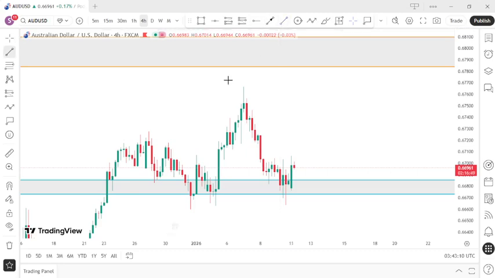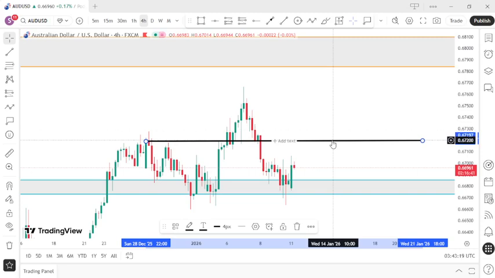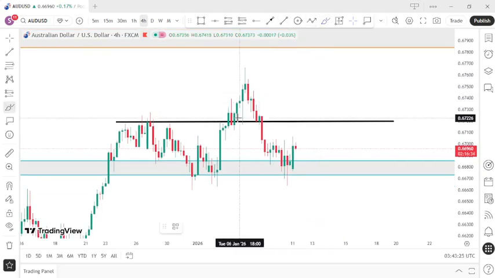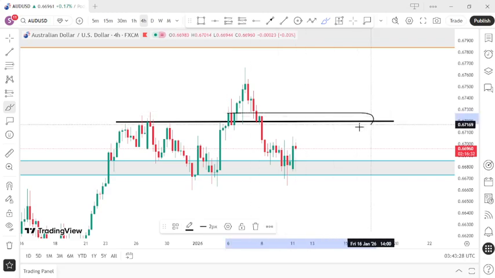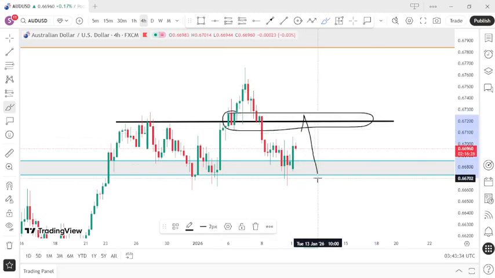So I want to mark it down and make sure I take note of it in the future. So this was the breakout zone. Price broke out of this zone and there has not been a retest. So there's a chance price will just come and tap into it and sell off.